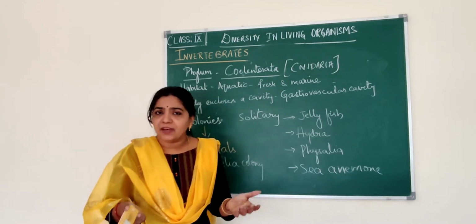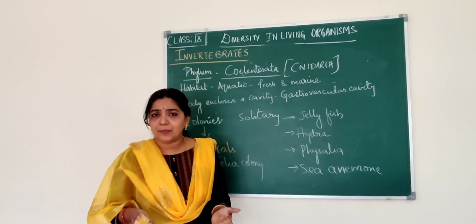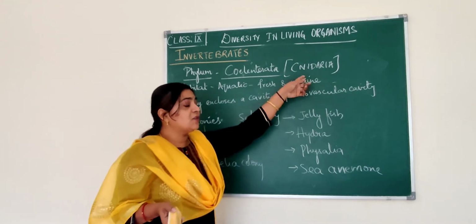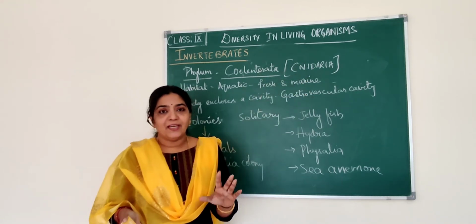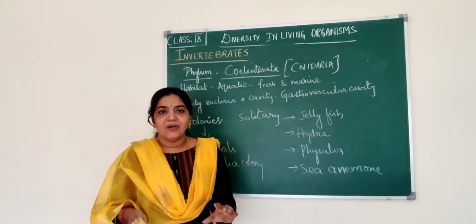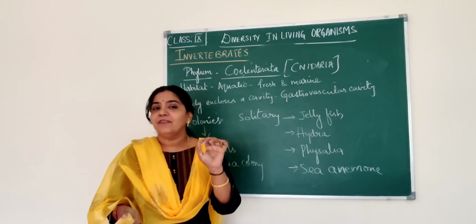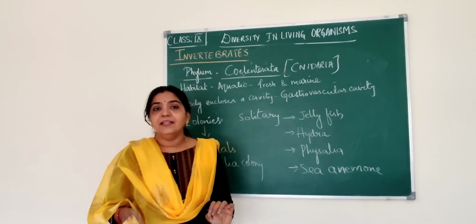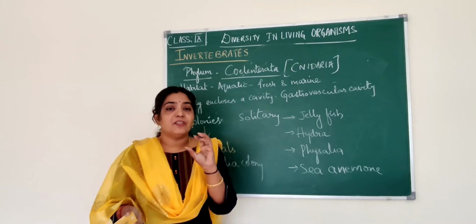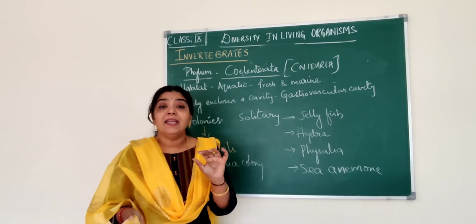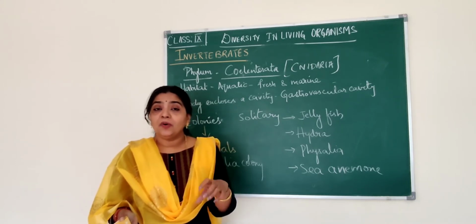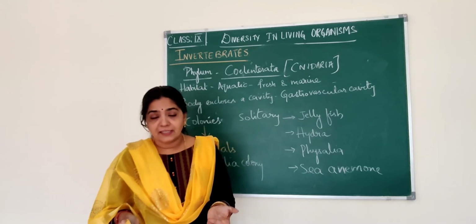Sometimes it may be a very deadly poison. That's why the phylum is called Cnidaria. Because these organisms bear tentacles, and the tentacles have special cells called cnidoblasts, which are nothing but stinging cells.